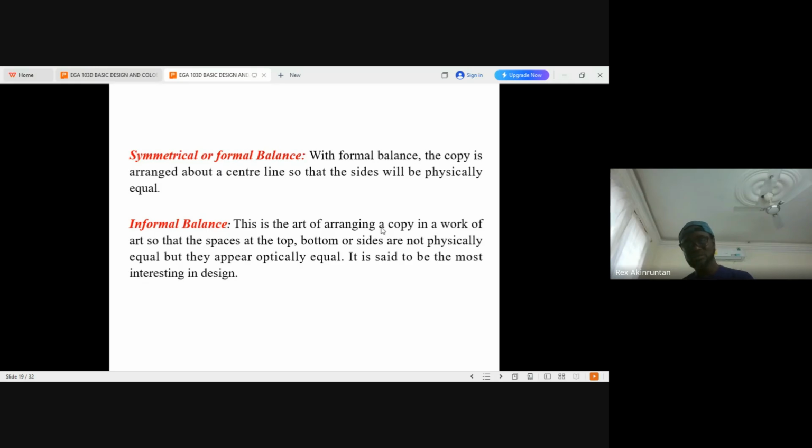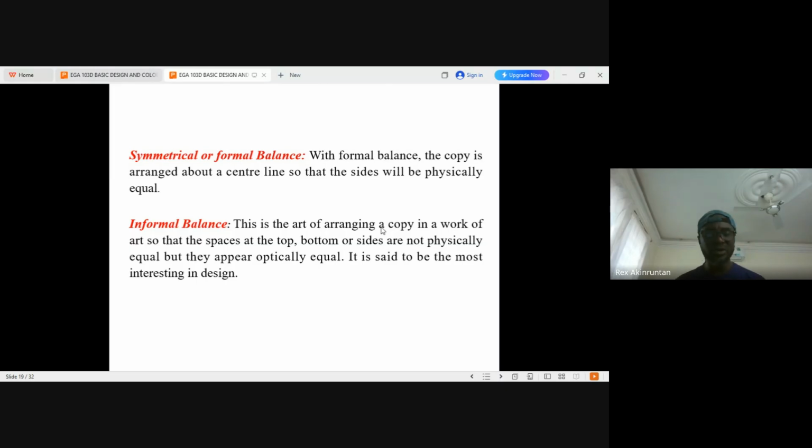That's why we mentioned copy. The copy is arranged about a center line so that the sides will be physically equal, more or less like a mirror, a repetition of the two sides being equal.